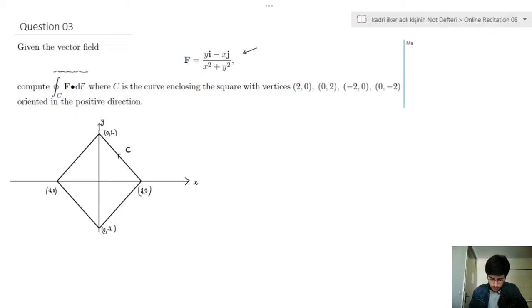Fine. Maybe the first observation you may have is the following.